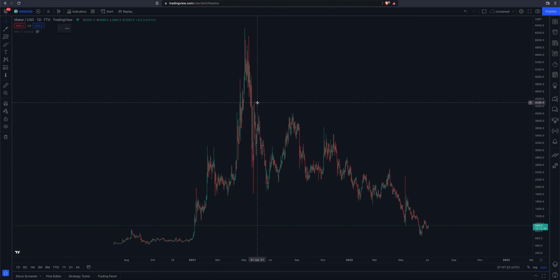Let's see if we can find some future moves here for Maker. So I'm going to go ahead and throw it on the log scale. I'm going to zoom in a bit, do some recent times, and let's see what's going on here. So as you can see, the selling has been, I'm going to take it off log real quick.